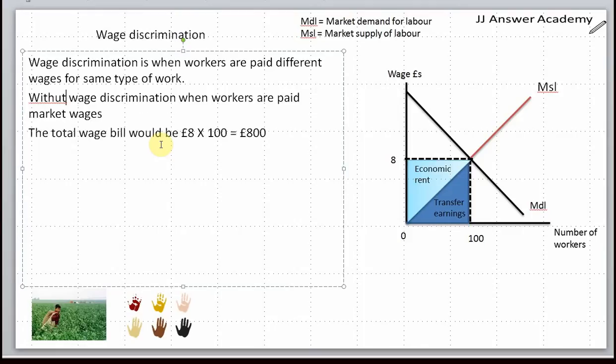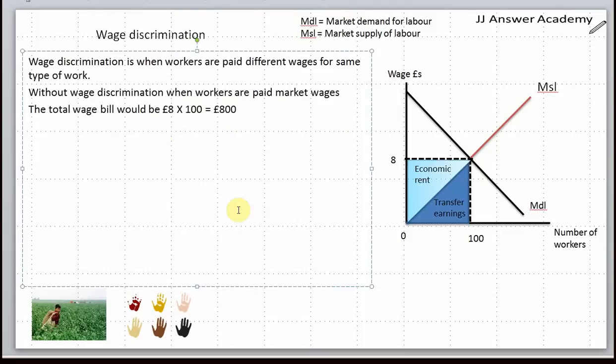So without wage discrimination, when workers are paid market wages, the total wage bill would be 8 times 100 equals £800.